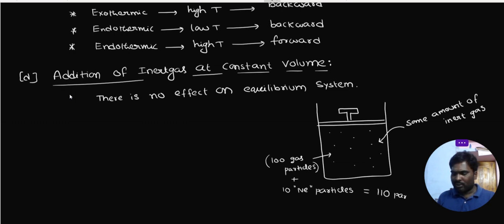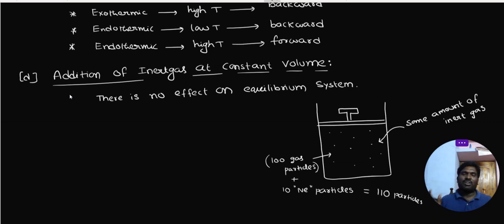Here the volume is constant, so the number of particles increases. Then the resultant pressure or resultant concentration increases. But the individual particle's pressure and concentration is not changing. That's why there is no change in equilibrium. Understood or not?